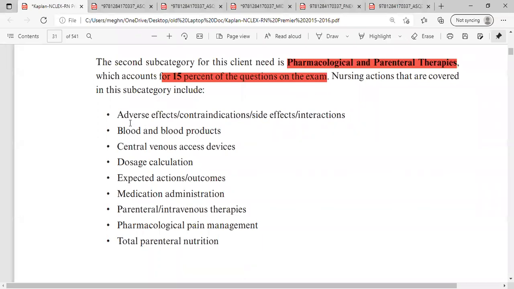Pharmacology includes adverse effect, contraindication, side effect, and inter-drug interaction, blood and blood products, central venous access device, dose calculation, expected action and outcome, medication administration, parenteral and intravenous therapy, pharmacological pain management, and total parenteral nutrition.